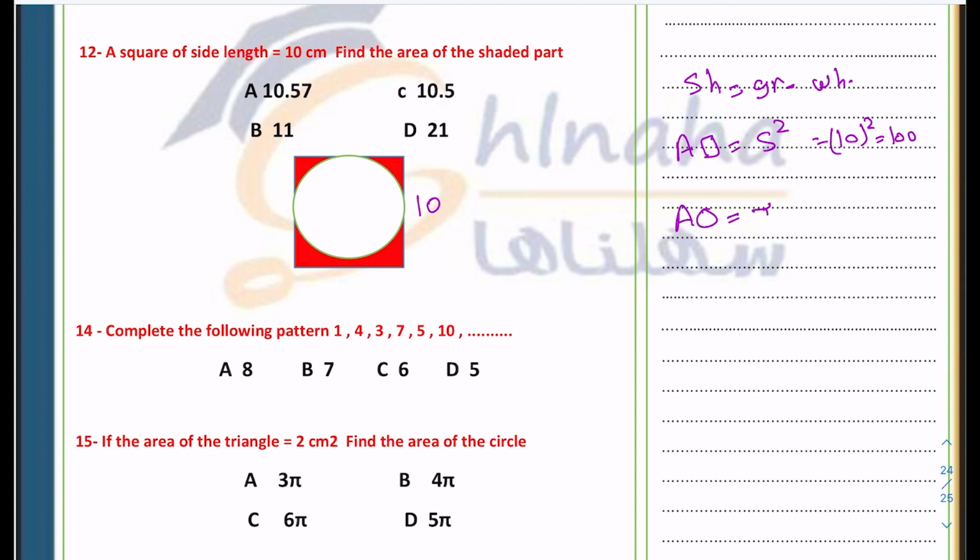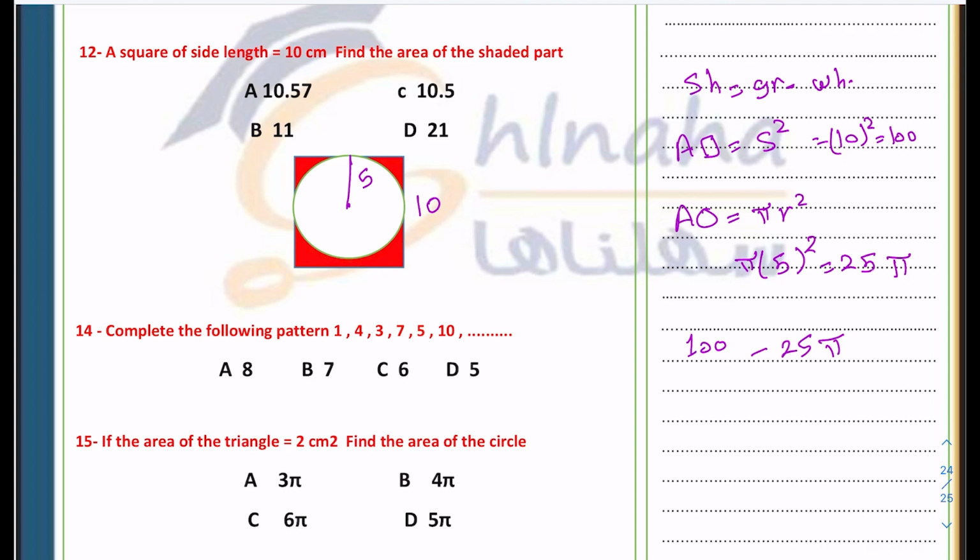Area of a circle is pi r squared. Pi, what is the radius here? The radius will be 5 here. Do you see? So I have to write here 5 squared. 5 squared equals 25 pi. I have to multiply both of them because I will subtract. If I subtract here, it will be 100 minus 25 pi.